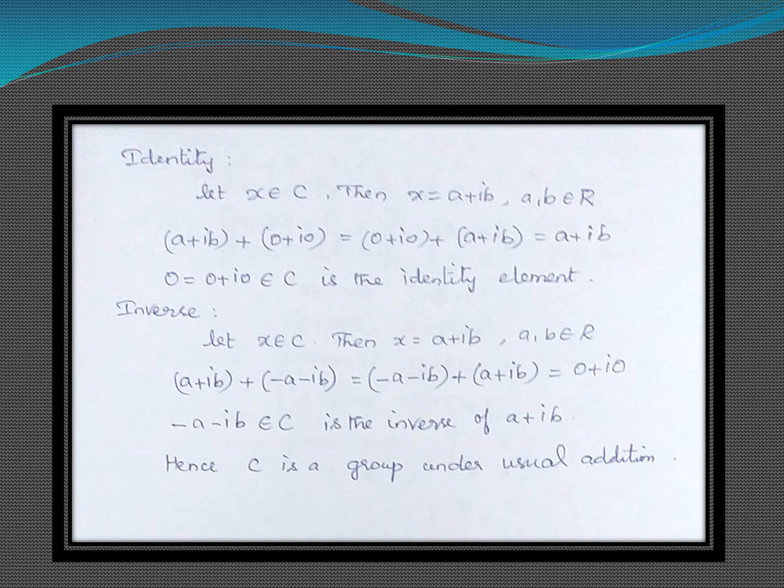Here a plus ib is our element. a plus ib plus minus a minus ib is equal to 0 plus i0, which is equal to e. Therefore, minus a minus ib becomes an inverse for a plus ib. Therefore, all the four conditions are satisfied. Hence, C is a group under usual addition.